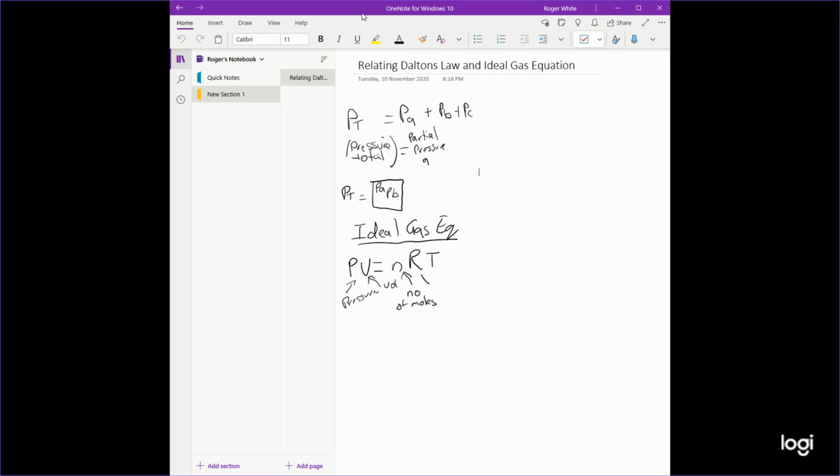This R is going to be a constant. What I mean by a constant is that it's going to be a select number. That select number will be dependent on the units of measure used for pressure, and so on. So you can look that up. And T, you might have guessed, stands for the temperature.